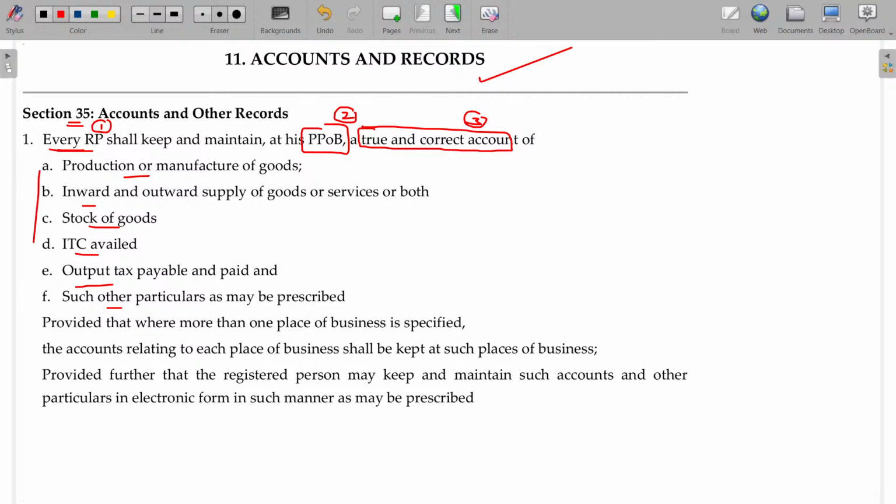That's all. Records he has to maintain. Where he has more than one place of business specified, the accounts relating to each place of business shall be kept in such places and comprehensively in the principal place also. Okay, and predominantly electronic form.